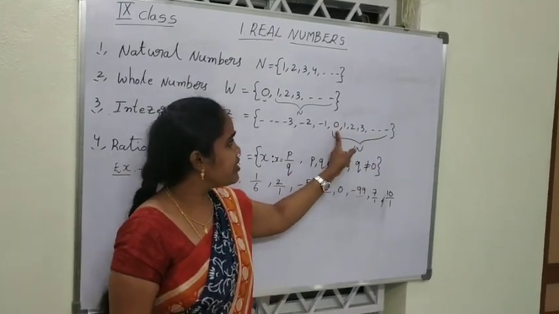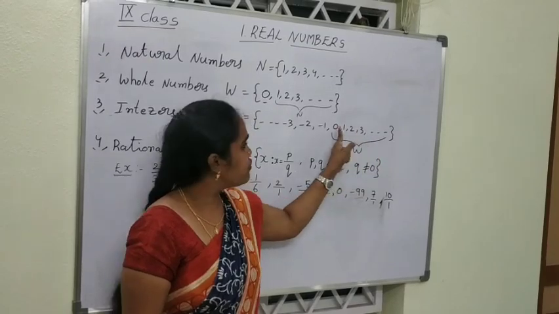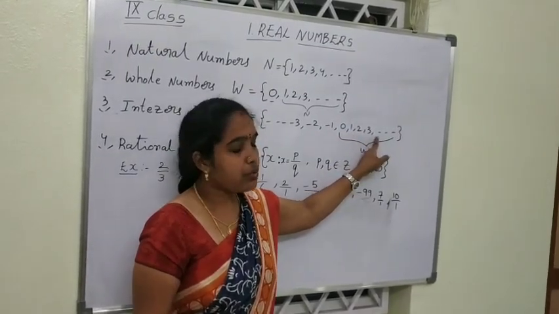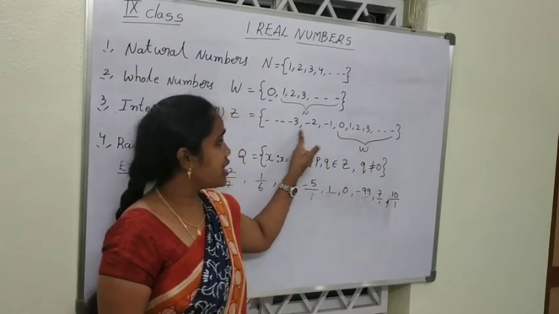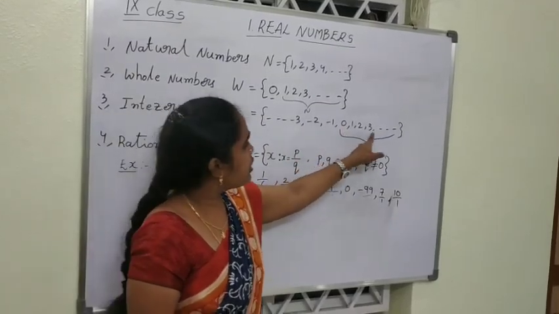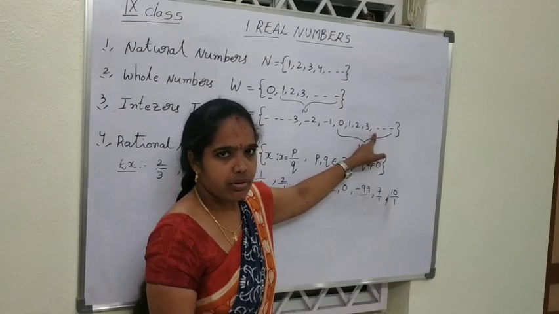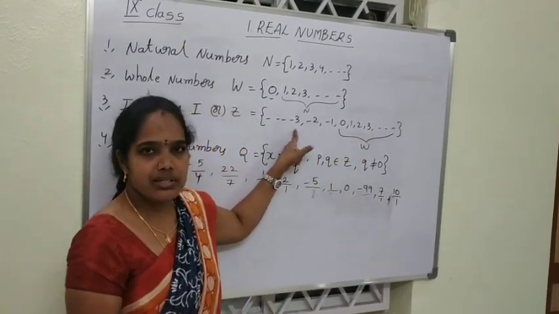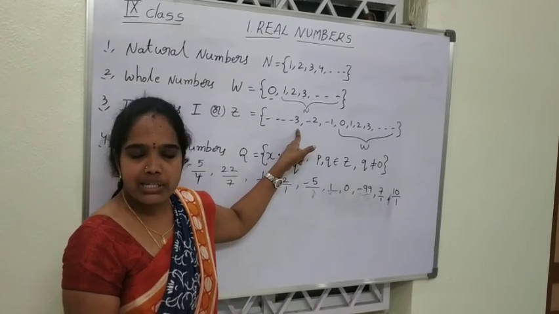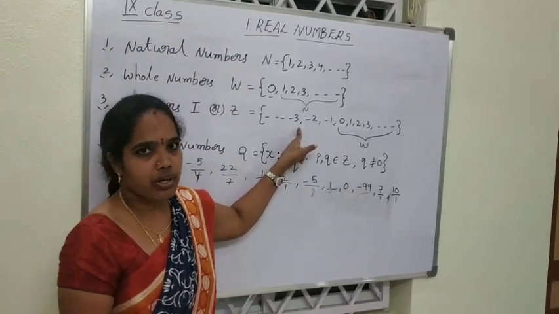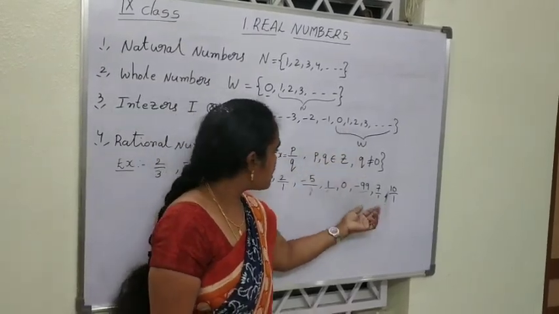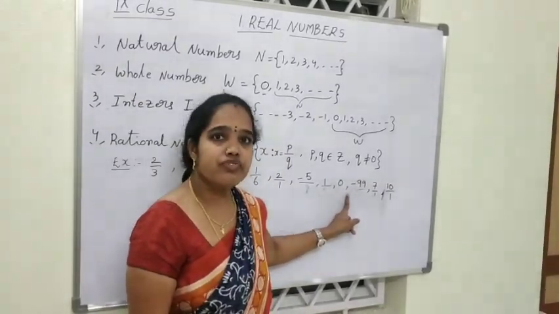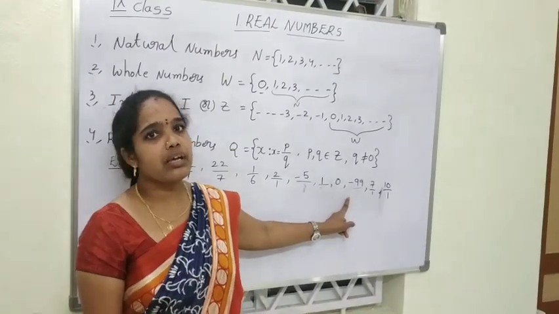Already you know that 0 right side is positive, 0 left side is negative. Take one positive integer 5; we can write 5 by 1. Take one negative integer minus 7; we can write minus 7 by 1. And 0 also is a rational number because 0 by 1.